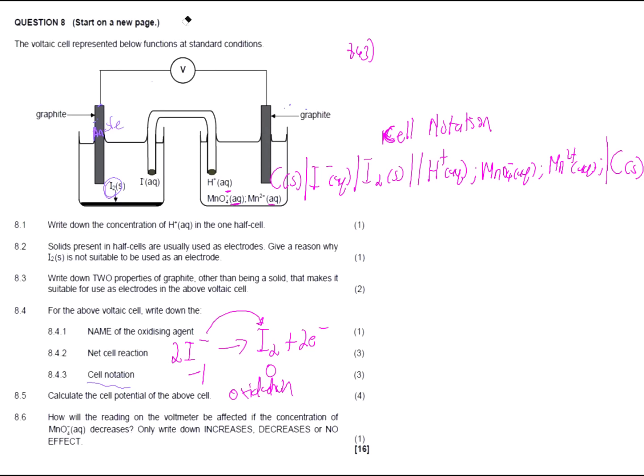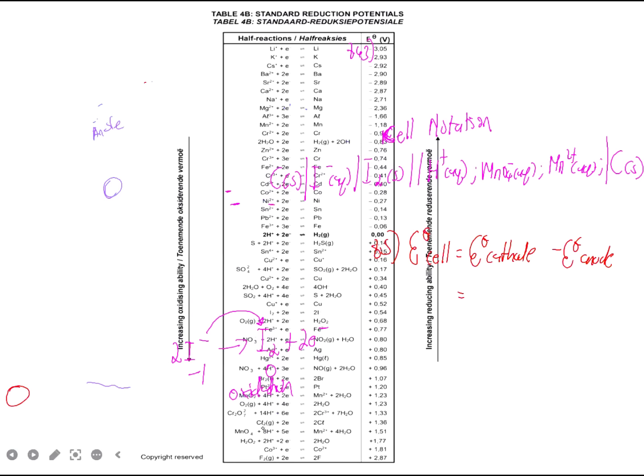Okay, so we have 8.5. It says now calculate the cell potential. So we have E cell is equal to E cathode minus what? E anode, right? The cathode, we've already identified it to be the one with the permanganate ion. So we're just going to go, where is it? The one with the permanganate ion.